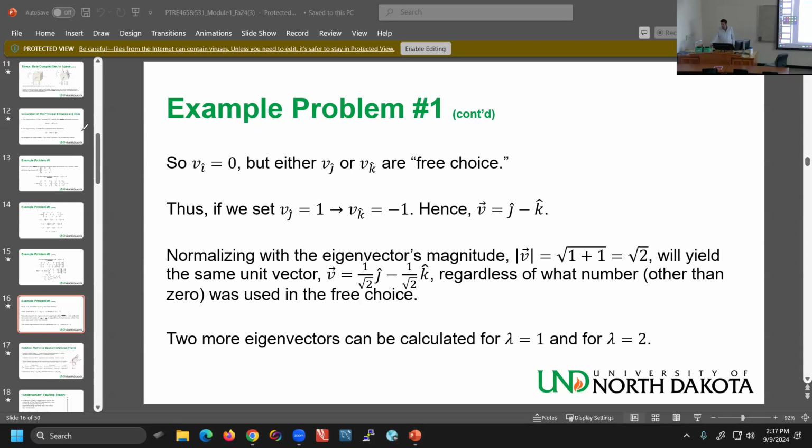And this eigenvector, in inverted commas, excuse me, 0I plus 0J plus 0K, looks like an attractive solution, looks like an applicable solution.